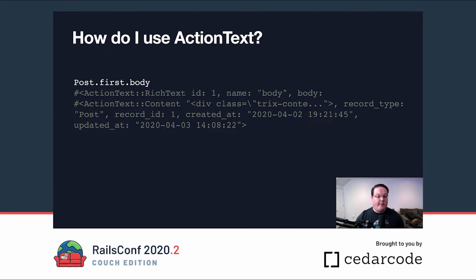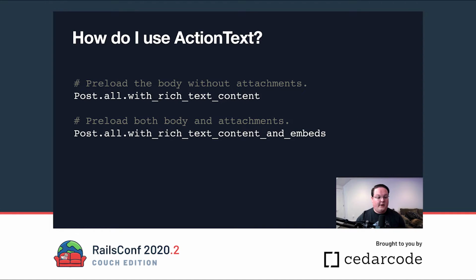You can access the body by saying .body on my post. That's going to give you a rich text database record that has your name, and the body is actually an instance of the ActionText::Content class. And that wraps all of your ActionText HTML, and you'll see that in the string here in the middle. The record type, of course, is the polymorphic association to your model.